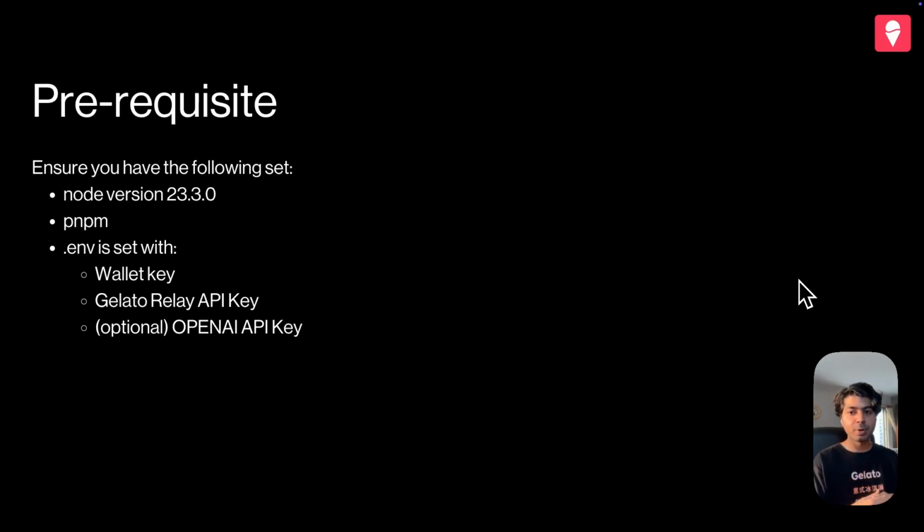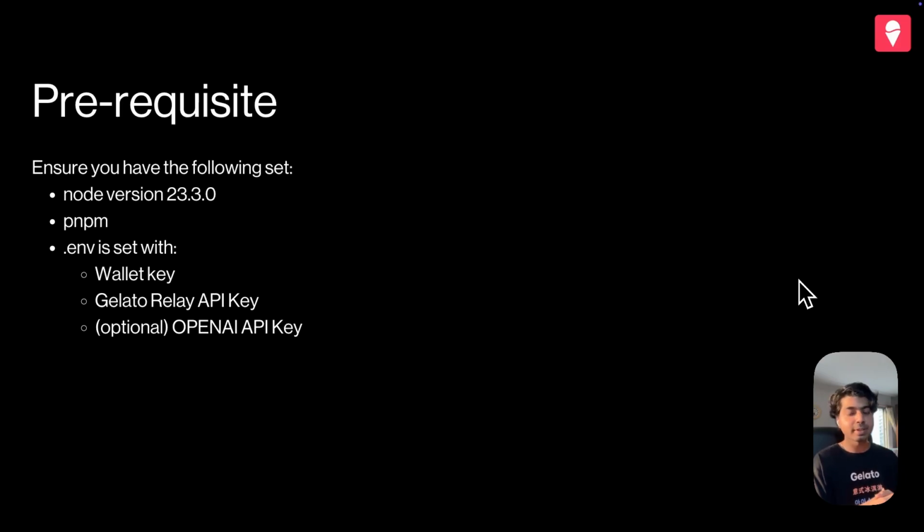Before we get into the demo, there are a few prerequisites in order for you to spin this up locally. You have to ensure that you have Node version 23.3.0, you have pnpm, and you have the .env from the repo, which I'll show you shortly, with the env file set with the wallet key and the Gelato Relay API key.